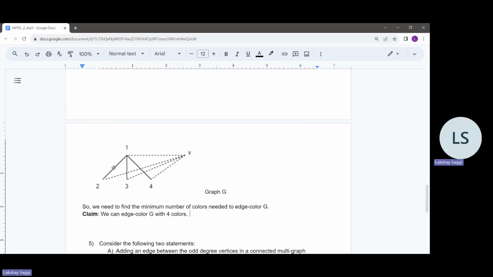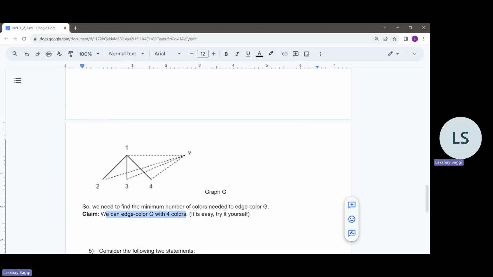This is the claim, and you should try it yourself. It is easy. Try it yourself. You can show this yourself, that we can actually edge color G with 4 colors.